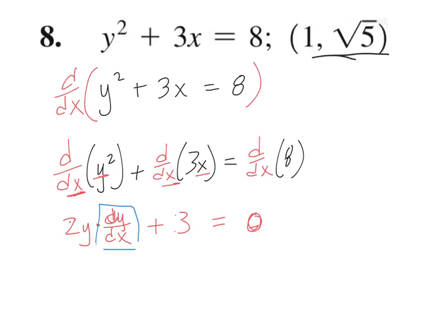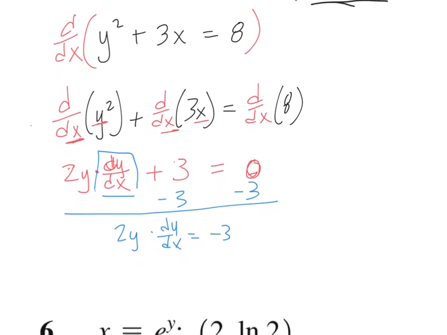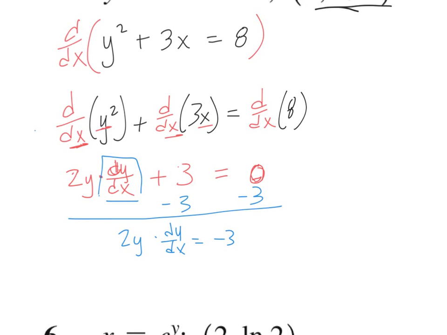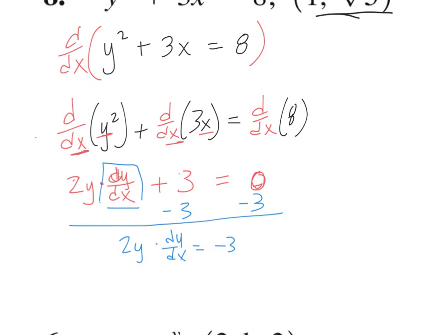So I'm going to subtract 3 from both sides, and I'm going to end up getting 2y times dy/dx is equal to negative 3, okay? And then I'm going to divide everything by 2y.